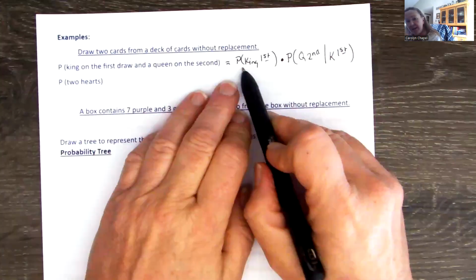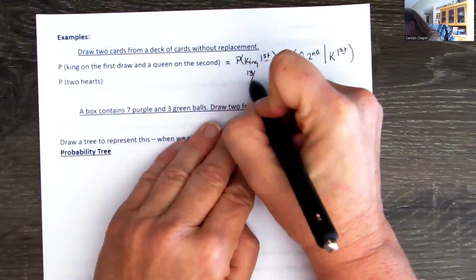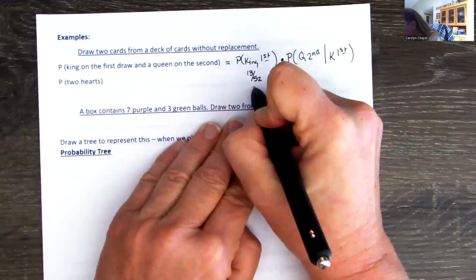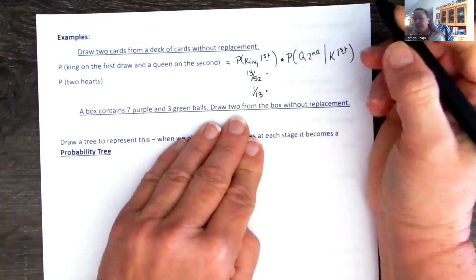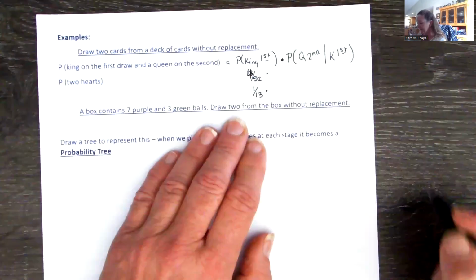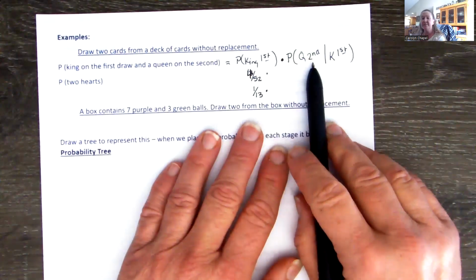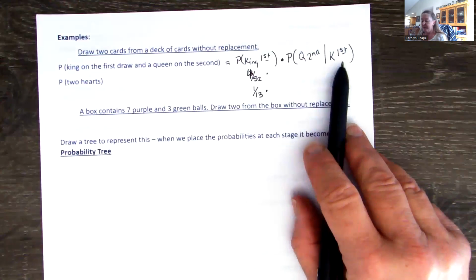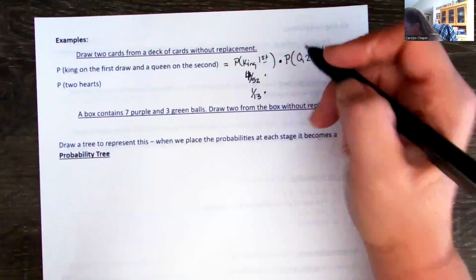So probability of king on the first, well, there are 4, sorry, 4 out of 52, which is 1 out of 13. And we're going to multiply that by the queen on the second, given king was first. Well, there are 4 queens still in our pile.